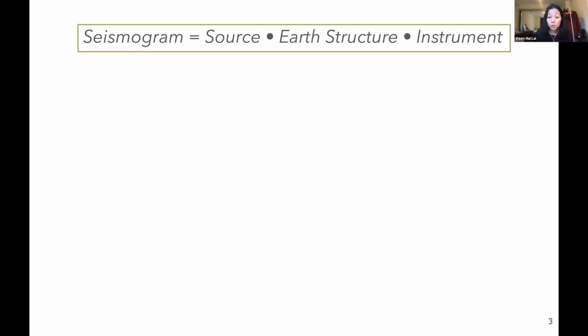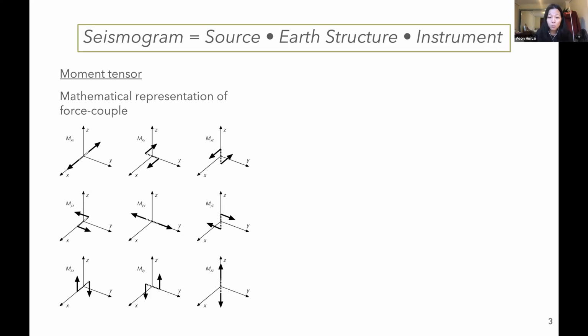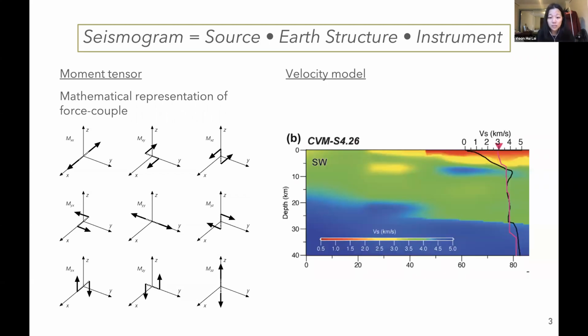For source studies, we often use the moment tensor, which is a mathematical representation of force couples that describes the amplitude of the seismic waves radiating out from a point source.